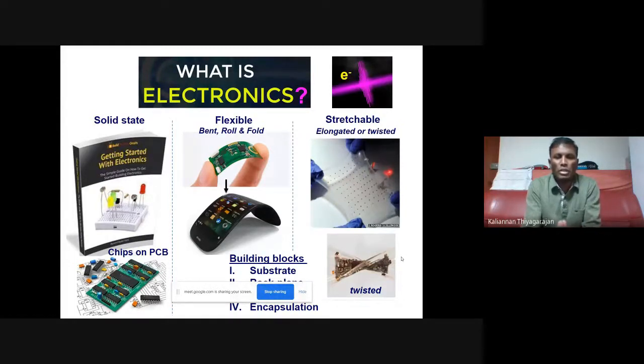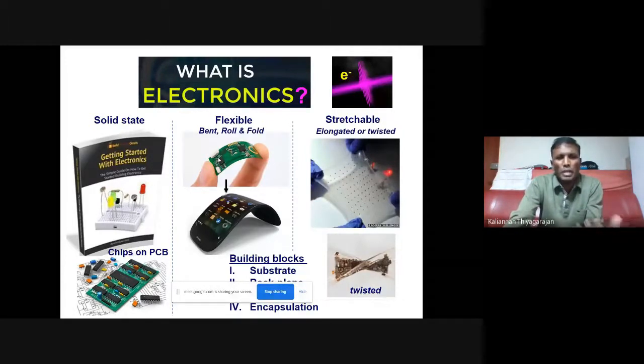Now slowly flexible electronics is coming into the picture. For example, here you can see flexible electronics, where the basic rule is that it should be bendable, inward or outward bending, it doesn't matter, and it should be rollable or foldable.